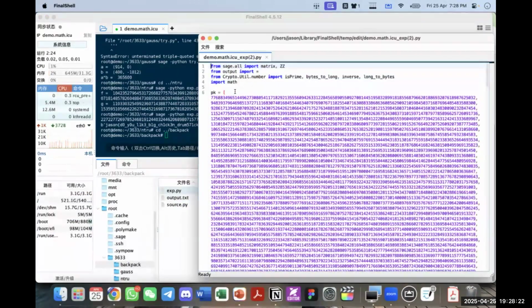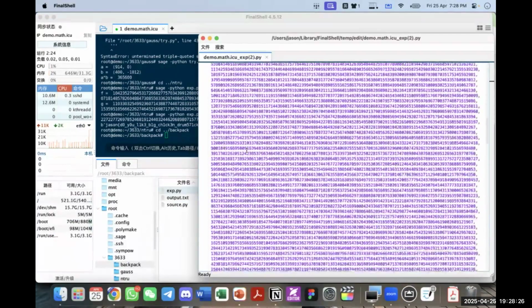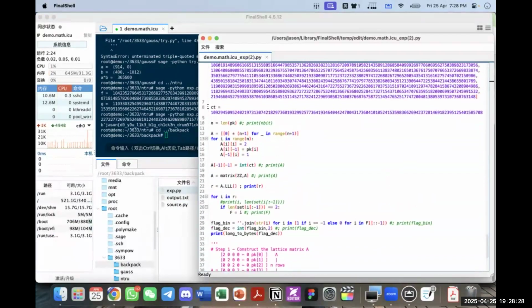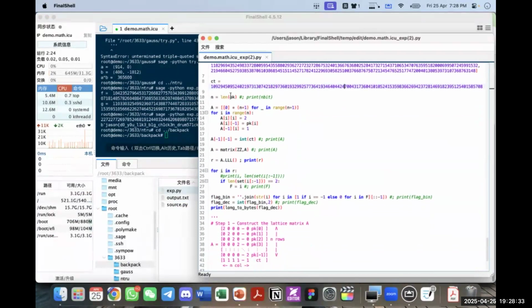So we just import the public key, I call it PK here. All these public keys are imported here, and then the ciphertext, the encrypted flag, is here. And n is the length of the public key, which maybe we can print out to see.